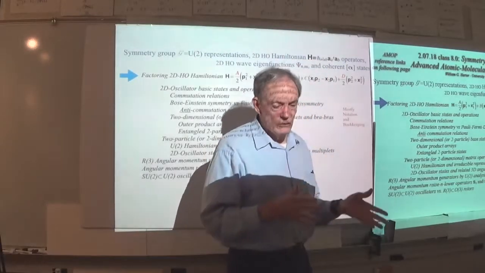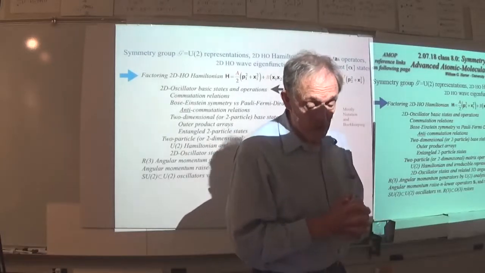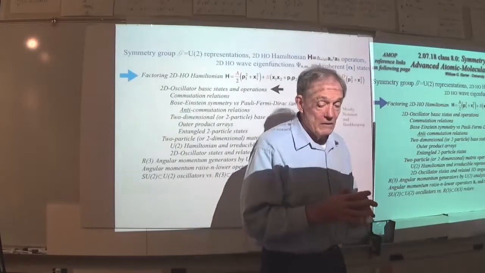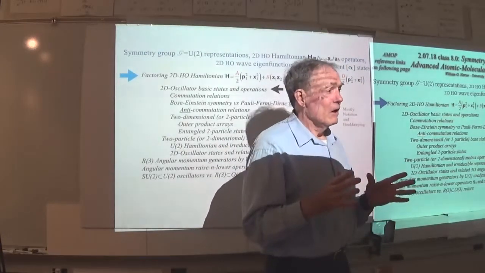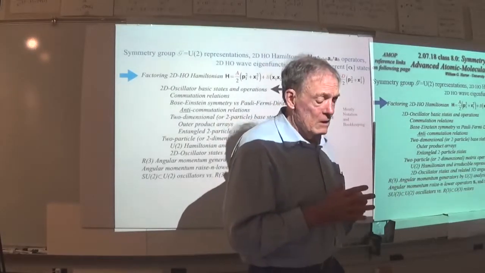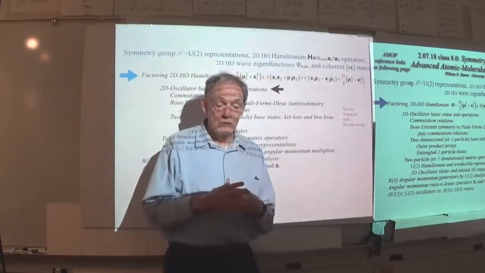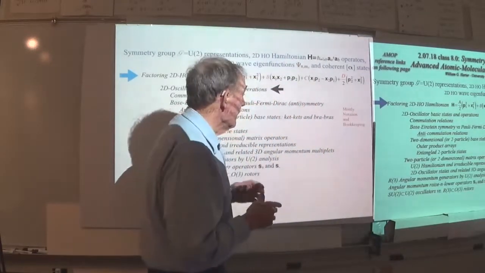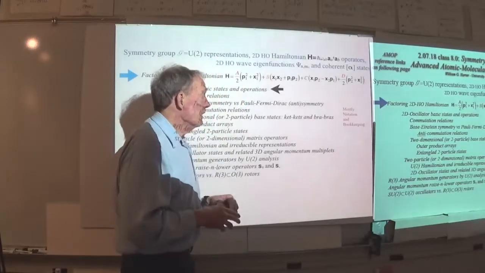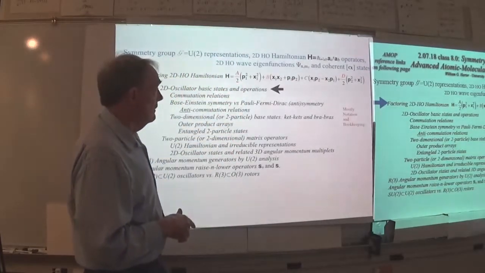But both of these groups that we're looking at, U2 and R3, and the ones that come after this, the higher U groups, all have no limit to the size of the representation. And you kind of see that happening, the fact that we're working with the oscillator algebra in the last thing, which we now are going to extend to a two-dimensional oscillator.